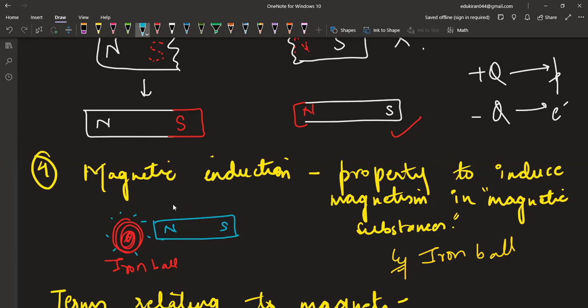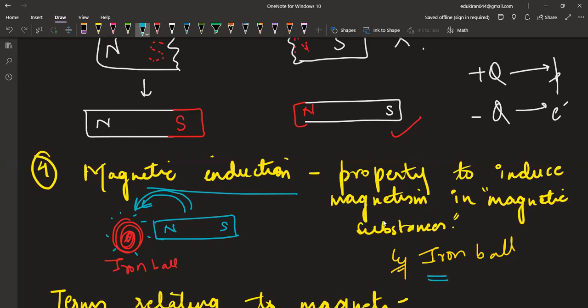But this property of inducing magnetism momentarily, inducing magnetism by a magnet, exists in the bar magnet. That's why we are studying magnetic induction. It is inducing magnetism. And the substances which are getting induced are known as magnetic substances, like the iron ball.